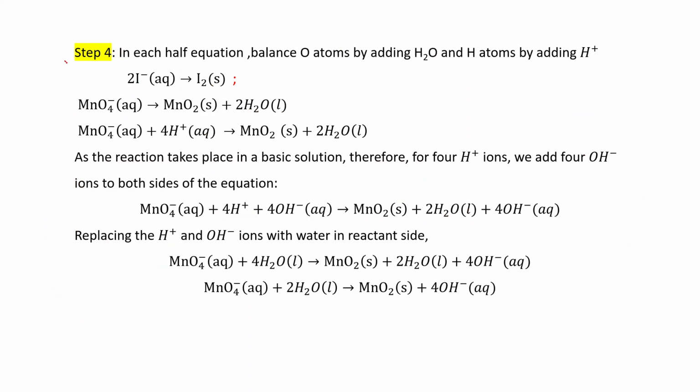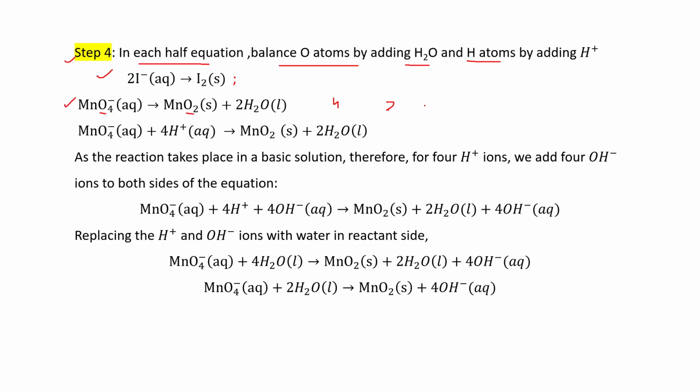Now step 4. In each half equation, balance oxygen atoms by adding H2O and hydrogen atoms by adding H plus ion. So again, in case of the oxidation half reaction, there is no oxygen and hydrogen, so no need to add H2O and H plus. But in case of the reduction half reaction, 4 oxygen atoms are on the reactant side, and on the product side 2 oxygen atoms are there.